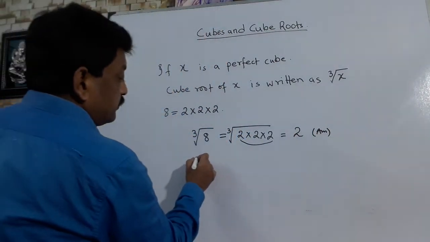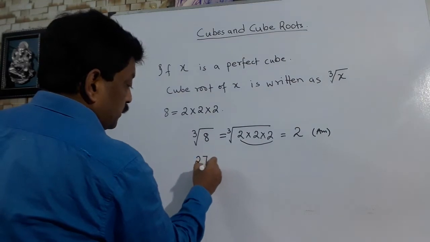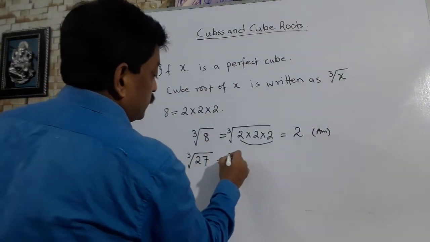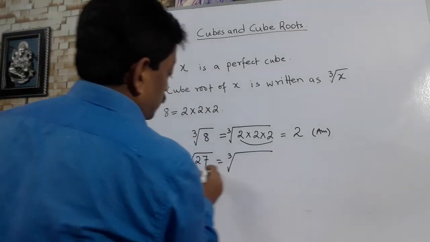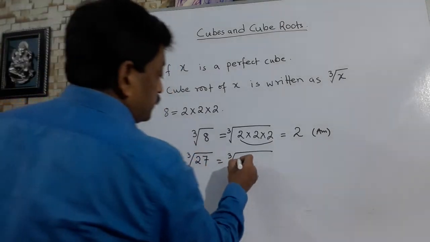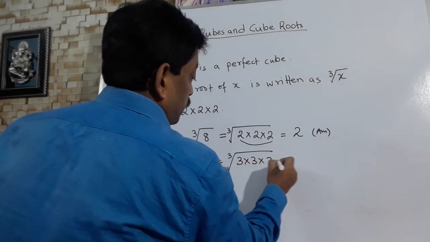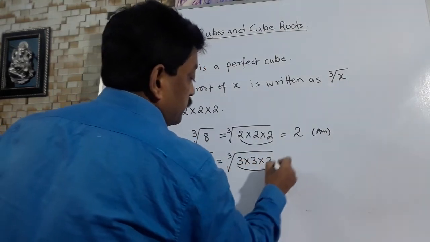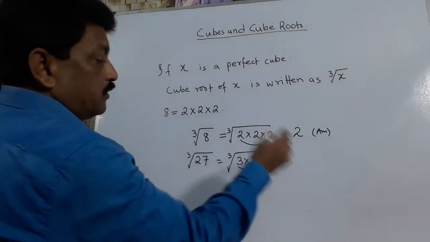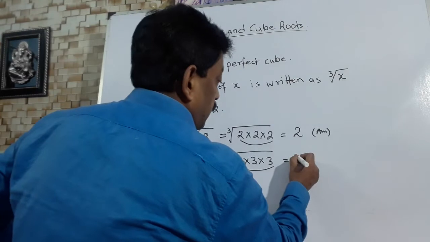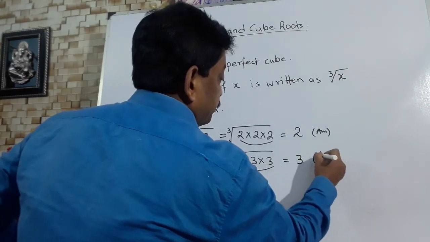Similarly, 27 is also a perfect cube. So cube root of 27 is written as cube root of this, and we have to resolve it into factors. So it will be 3 into 3 into 3, and since it is forming a triplet, one member of the triplet will come out and the answer will be 3.